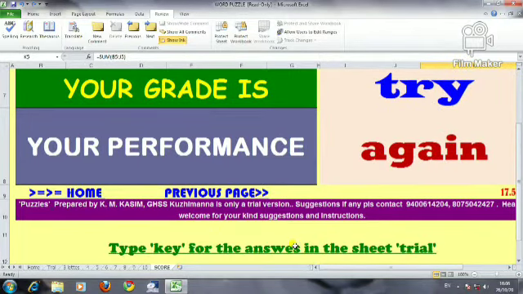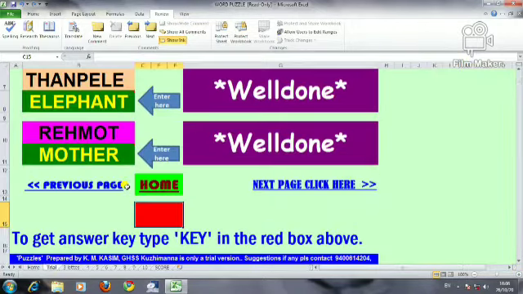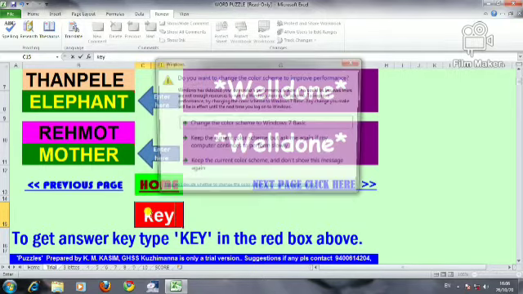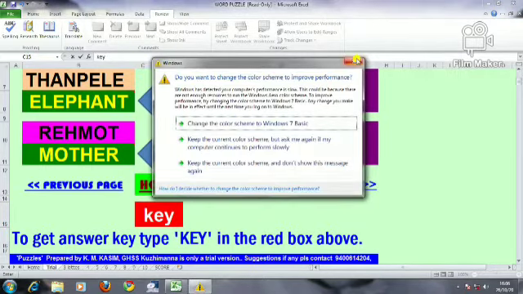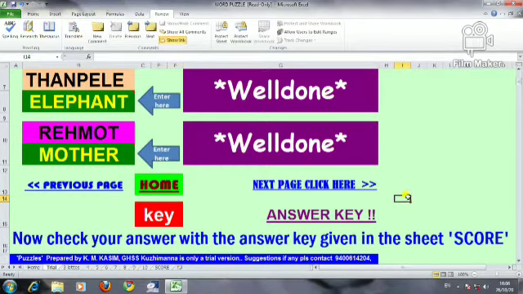Now if you want to get the answer here, then you go to the trial sheet again. Then here is a space where you have to enter the key. See, key here. Then you will get the answer key here.